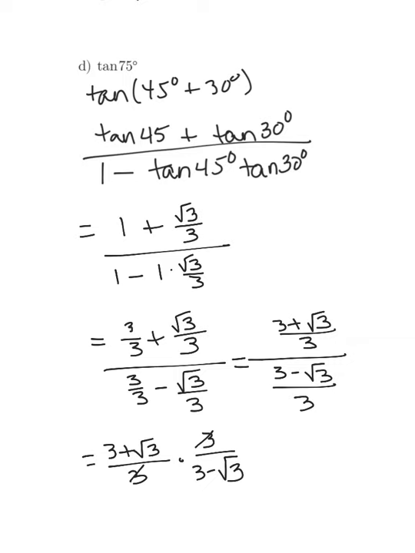We can take that out. So our final answer is 3 plus the square root of 3 over 3 minus the square root of 3. You cannot cancel anything in this fraction because there are plus and minus signs in between those items. You can only cancel when you have multiplication.